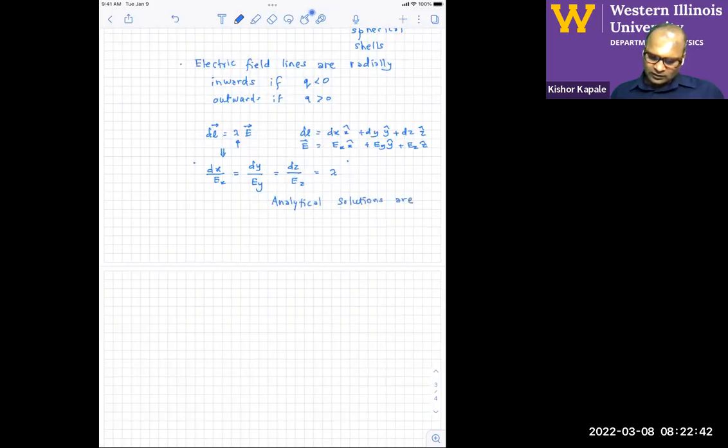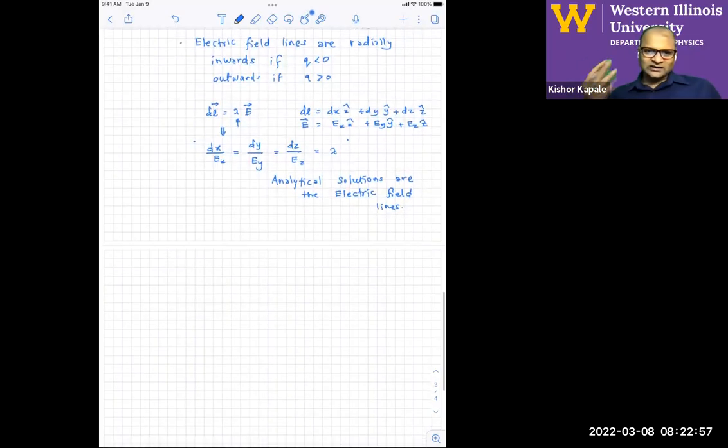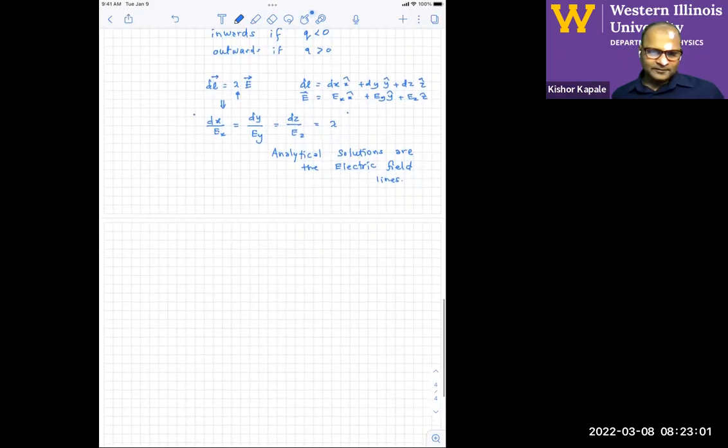These are the electric field lines. And once you have found the electric field lines, then you have essentially determined the electric field, because you can figure out how the charges are going to move. So this is kind of how Maxwell did all of these things, right? It turns out though that this particular method does not guarantee an analytical solution.